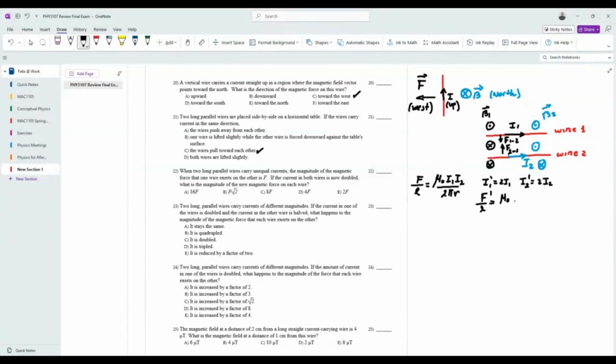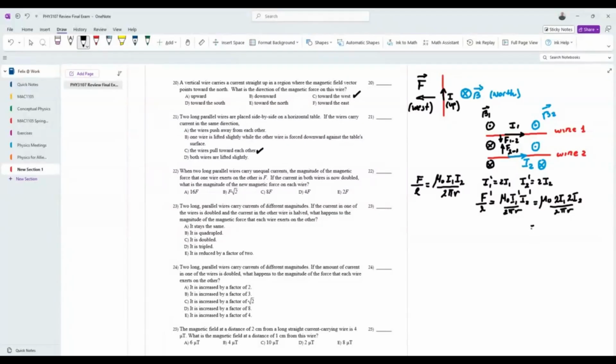is mu sub 0 I1 prime I2 prime over 2 pi r. So it would be mu sub 0 2I sub 1 times 2I sub 2 over 2 pi r.